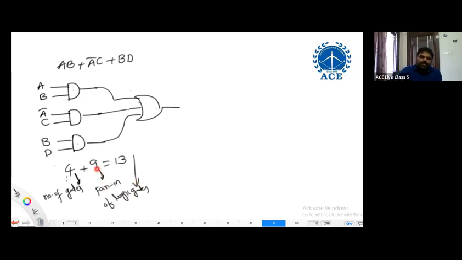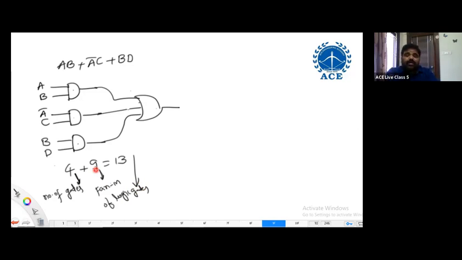So this number is what? Number of gates. This number is what? Number of inputs of each and every logic gate, which is nothing but the fan-in of a logic gate. Number of inputs of a logic gate is nothing but fan-in.